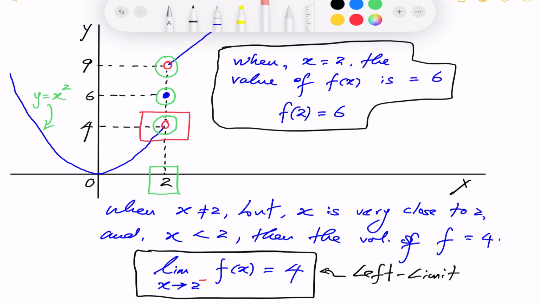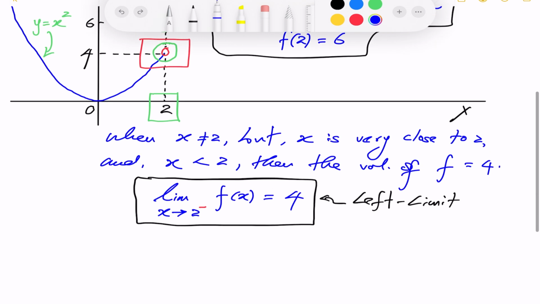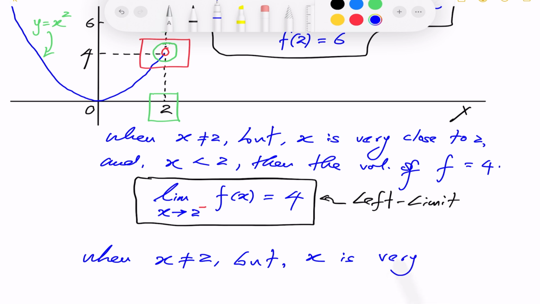Now, similarly, I need to pay attention to this point right here, 2, 9. We can create a similar story again, and this time we need to say when x is not equal to 2, but x is very close to 2, and x is greater than 2.